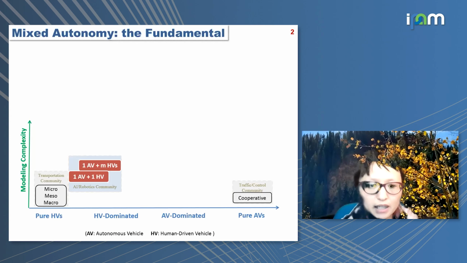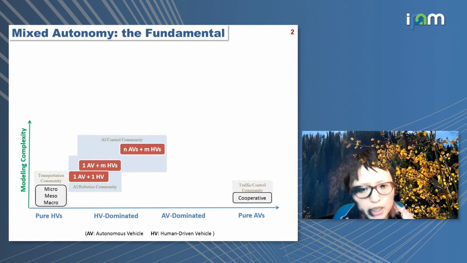Usually they play a game, either a differential game or a Stackelberg leader-follower game. And when one AV interacts with multiple HVs, I use M here. M is a large number. Then probably people use reinforcement learning models. Basically, we want to train the driving policy of one AV in an ocean of HVs, and HVs behave like a background traffic.